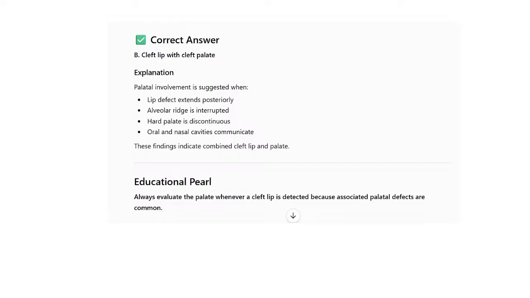These findings indicate combined cleft lip and palate. So the educational appeal: always evaluate the palate whenever a cleft lip is detected because associated palatal defects are common.